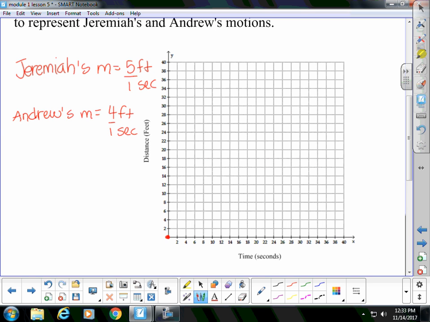I'll put Jeremiah down here, and Andrew up at the 36. Whoever starts up at the top of the graph has the negative slope. Okay, so since I put Andrew at the top, he's actually going to have a negative slope. He's going down the graph.